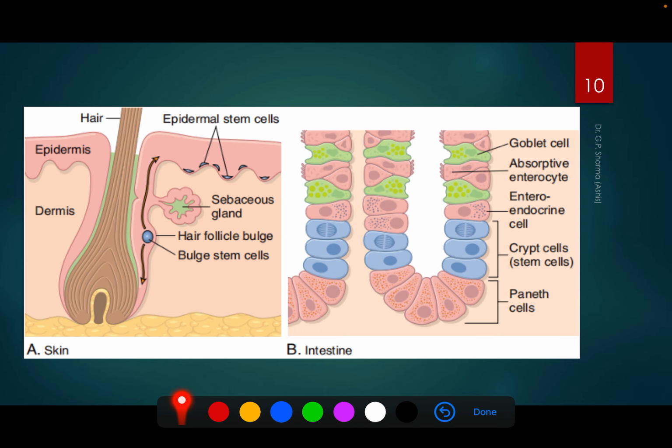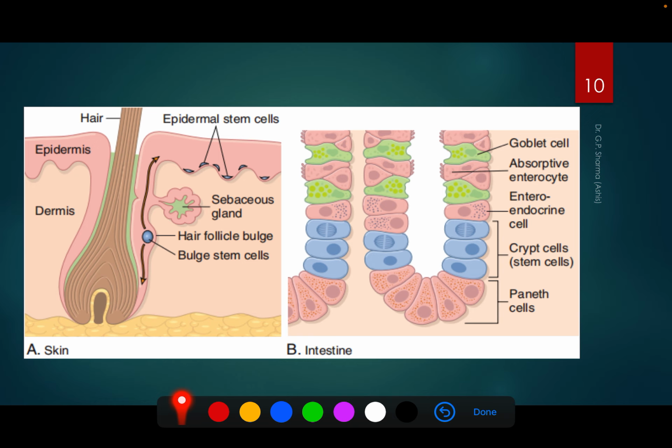Yes, one more thing I didn't explain, that is the hair follicles. Beside the hair follicles, we have the bulge stem cells. We can see over here, this is a bulge stem cell, this is the hair follicle. So this is present within the skin. So we have stem cells in the skin, in the crypts of Lieberkuhn, within the brain, within the eyes, right?